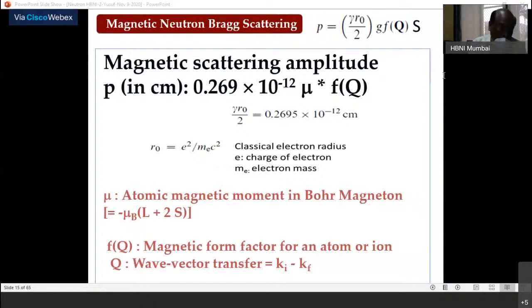Let me get the clarity. Then I'll go on. I have another 10 to 12 minutes or so, because this concept is very, very important for doing magnetic neutron diffraction. Okay. If not, fine. Let us move on.